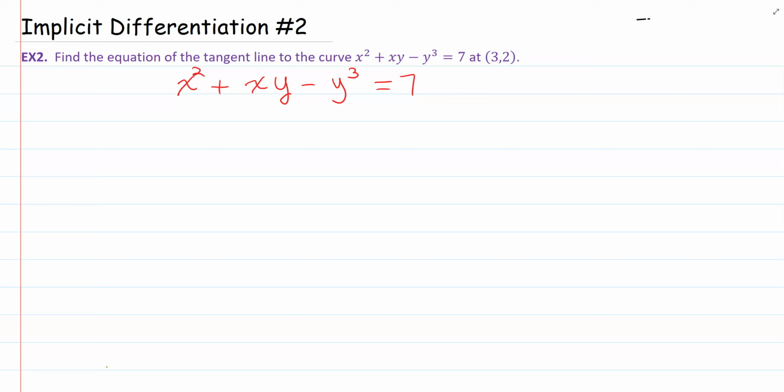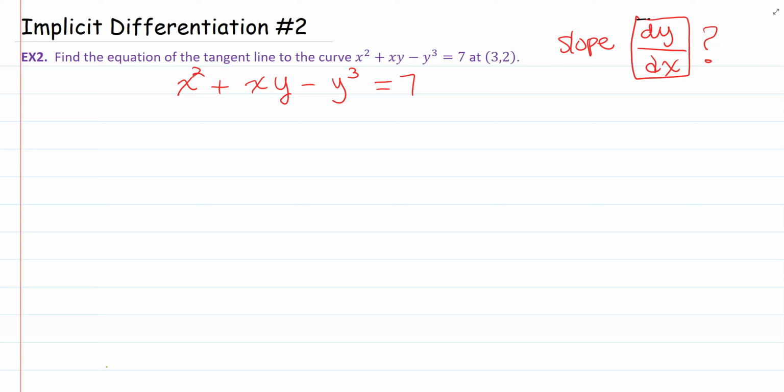So what we know is that for the equation of the tangent line, we will need to know the slope, right? And the slope would be dy/dx, change in y over change in x, or the instantaneous rate of change. So we are looking for that, okay?